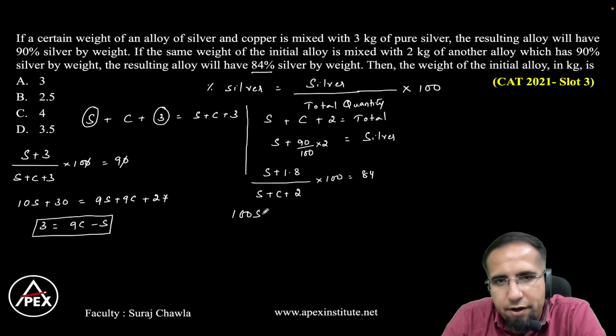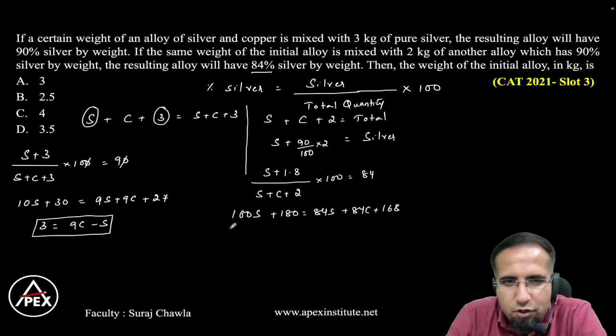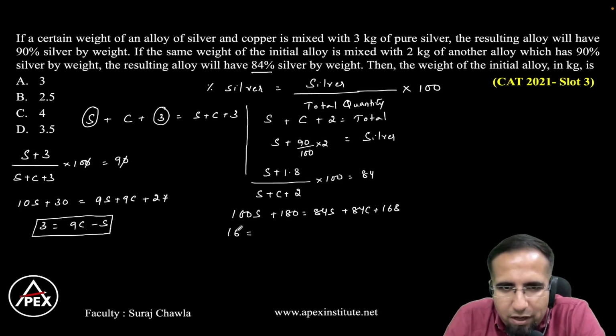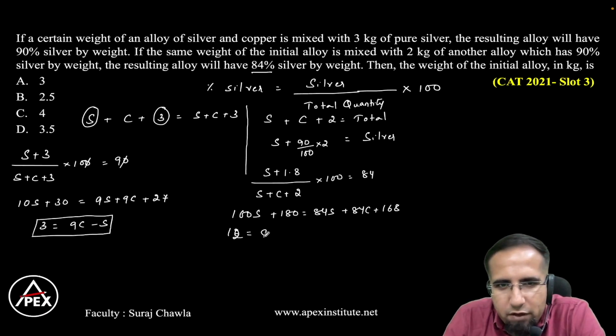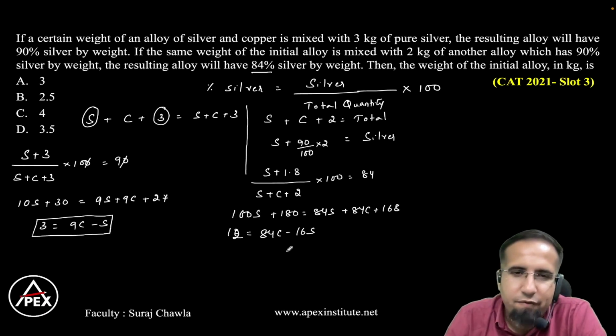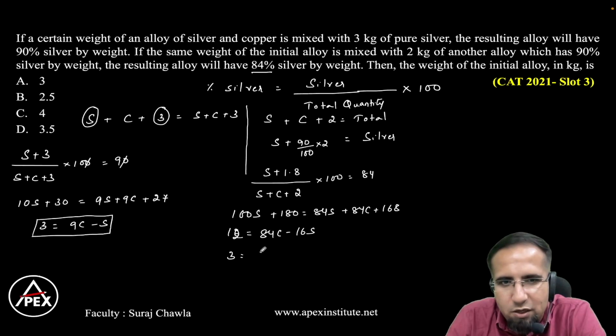We get 100S plus 180 is equal to 84S plus 84C plus 168. So when we transpose the values, we get 12 is equal to 84C minus 16S. If I divide by 4, I get 3 is equal to 21C minus 4S.